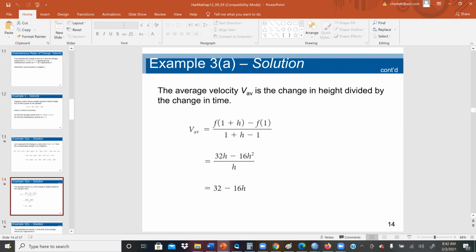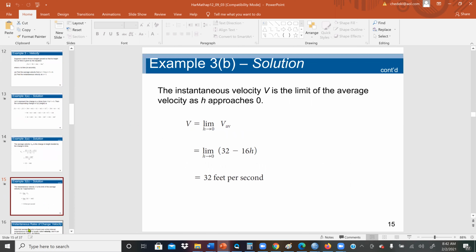Now with this function, I can find the instant rate of change. I will use the limit. The instantaneous velocity, v, is the limit of the average rate of change as h approaches 0. So we find the limit of it, and that will give us the value here.